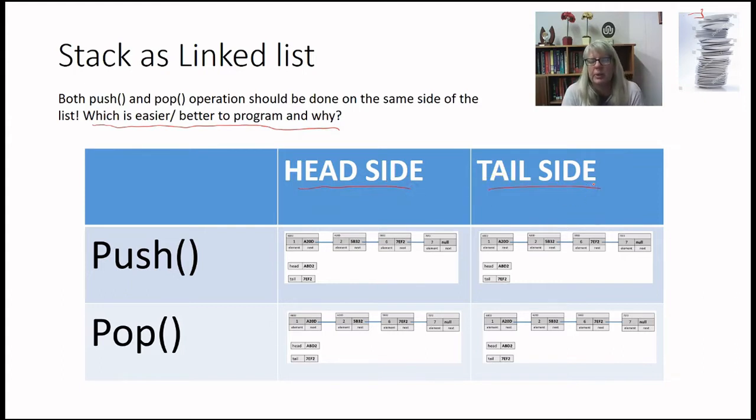Now I promised you that we are going to do this with the work of study unit 2. But let's think about it. Let's focus on the head side. If we think about push, it means that element is new.